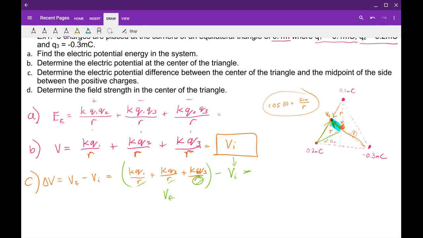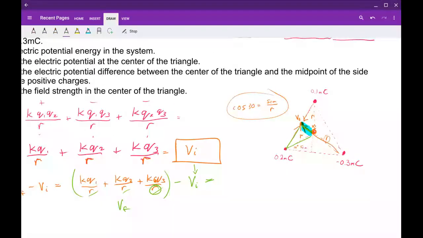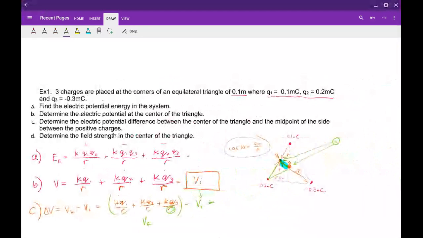That number is the energy difference between moving 1 coulomb infinitely far away to here, versus moving a coulomb from infinitely far away to there. And the difference in those two energies is the potential difference.